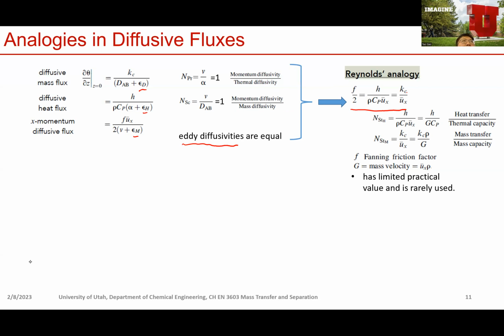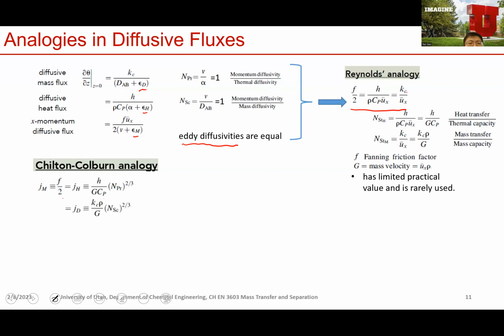As long as we can further, we can derive a version that's more practical or more accurate, and that's what was done by Chilton and Colburn. So based on a lot of experimental evidence, they found that the Fanning frictional factor, which is called the momentum J factor, is related to heat transfer coefficient by this term, right?